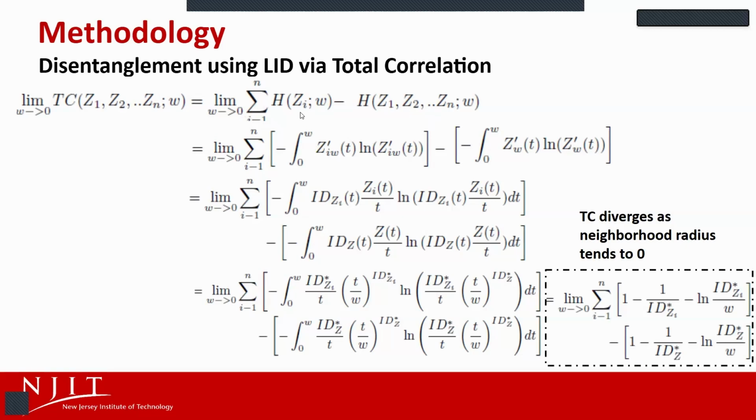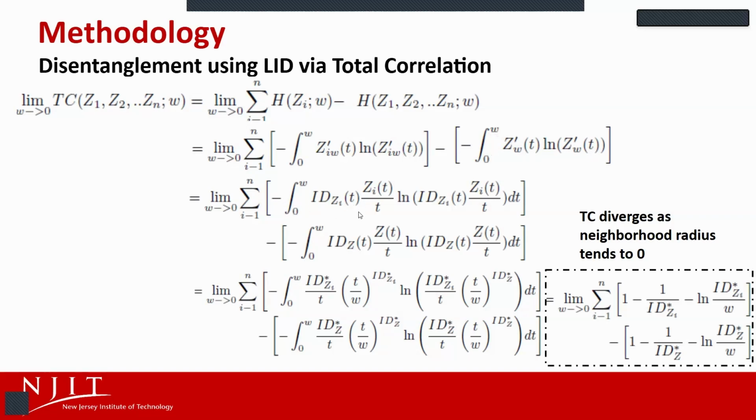Then I expanded the entropies using the tail entropy formula. And then using the help of the paper, I expanded the latent spaces. So here Zi means latent feature i, whereas Z itself means the entire latent space. So we do the sum of latent features, and here we take the LID of the entire latent space.